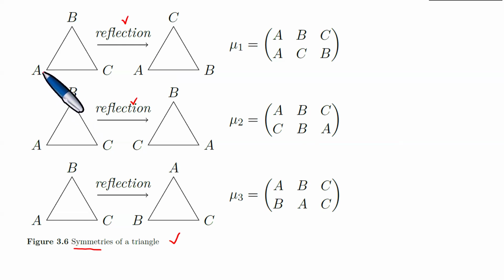A is here, but you can see A is there. B has gone there, and B has gone down. And C has gone up. So it's only A that is fixed.